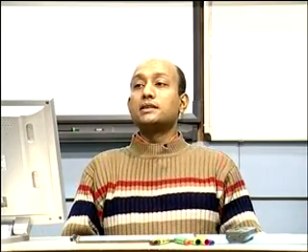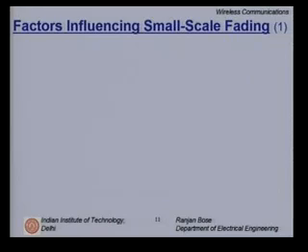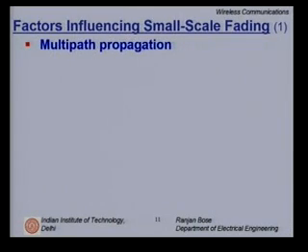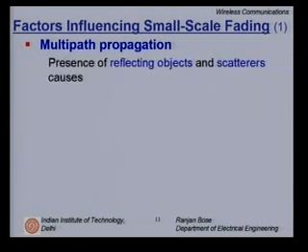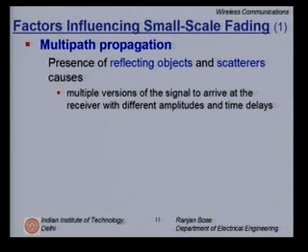Now let us look at certain factors that influence small scale fading. What is important? First and foremost is the multipath propagation. To have that, we must have reflecting objects and scatterers. So the presence of reflecting objects and scatterers causes multiple versions of the signal to arrive at the receiver with different amplitudes and time delays, as we have seen.